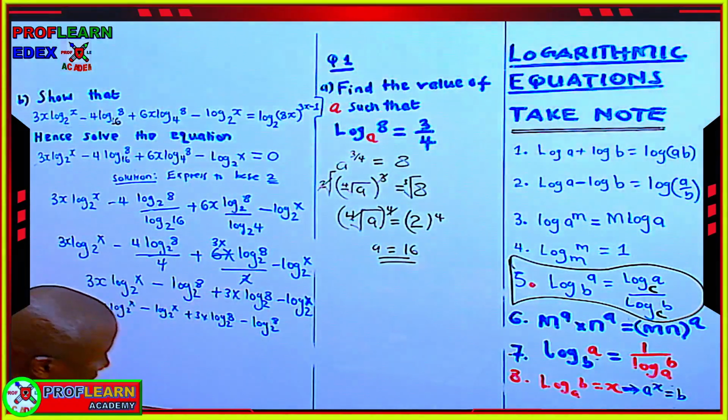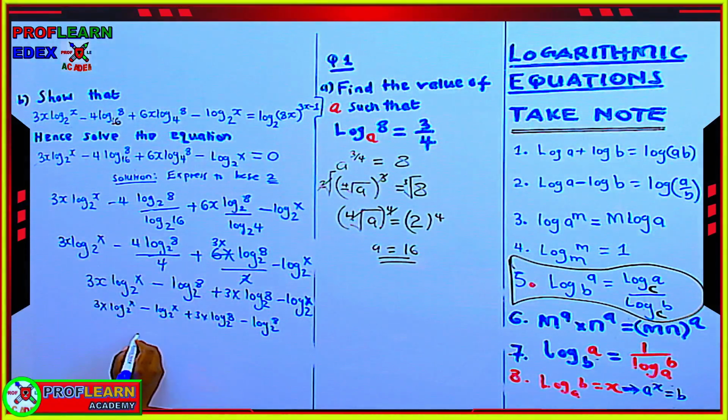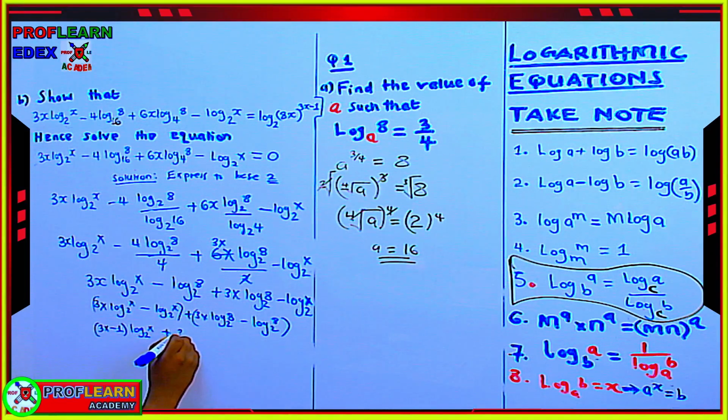So which means that we are going to factor out, we are going to group this together here, and we are going to have 3x minus 1 log x base 2 plus 3x minus 1 log 8 base 2.